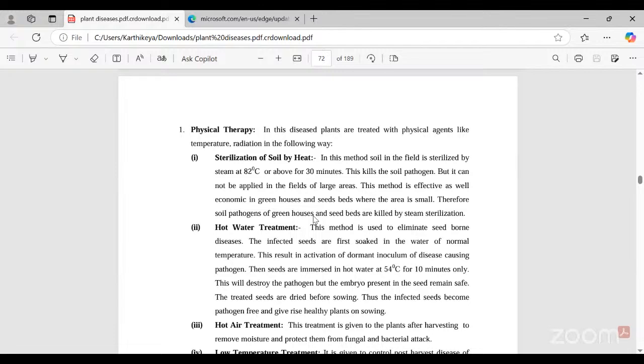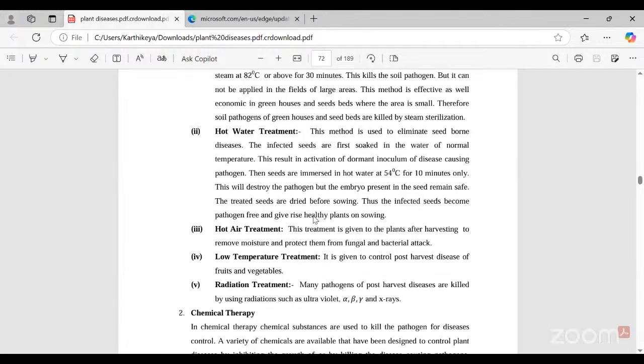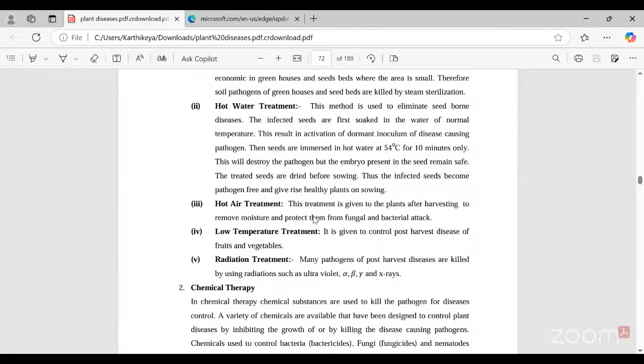And the second one, hot water treatment. This method is used to eliminate seed-borne diseases. The infected seeds are first soaked in water at normal temperature. This results in activation of dormant inoculum of the disease-causing pathogen.